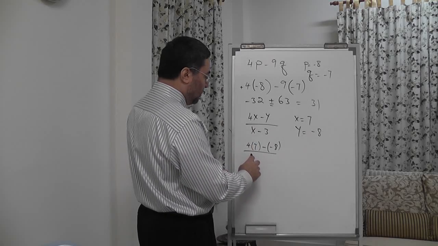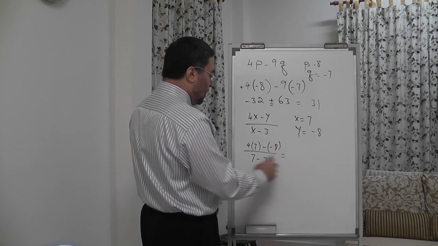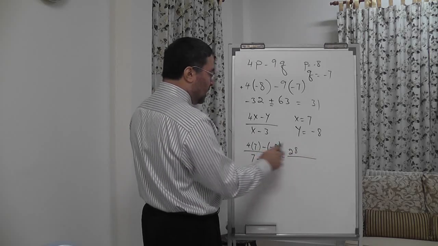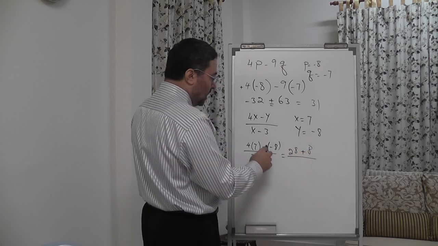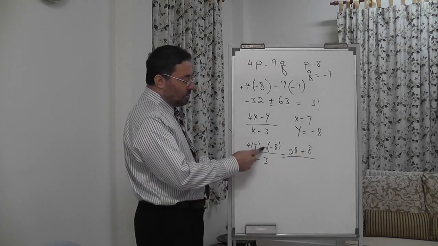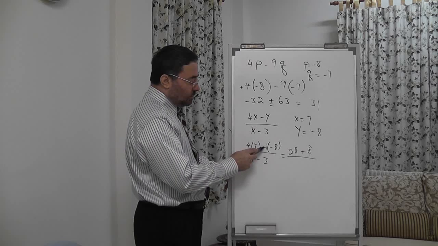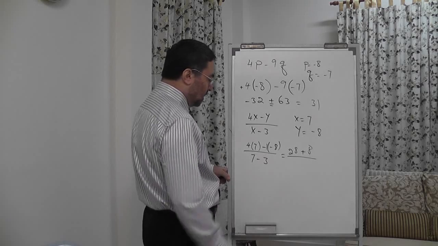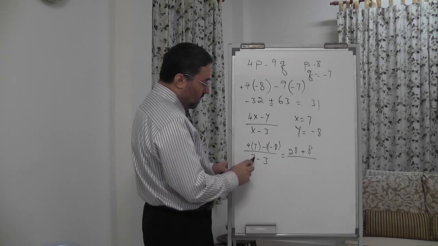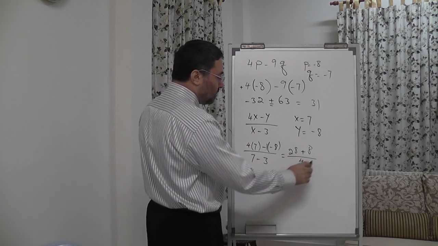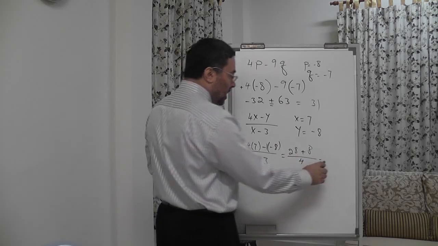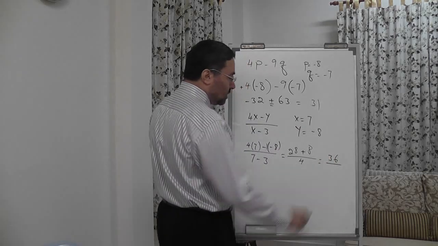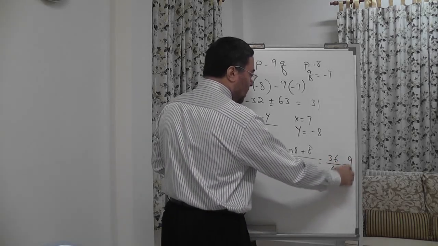In the denominator we have 7 minus 3. 4 times 7, that's 28. Minus 8, that's plus 8. Again, here we have a minus 1. Minus 1 times minus 8. The minus times the minus gives us a plus, and the 1 times the 8 gives us a plus 8. In the denominator we have 7 minus 3, and that's 4. Up here we have now 28 and 8, 36 over 4, and that's 9.